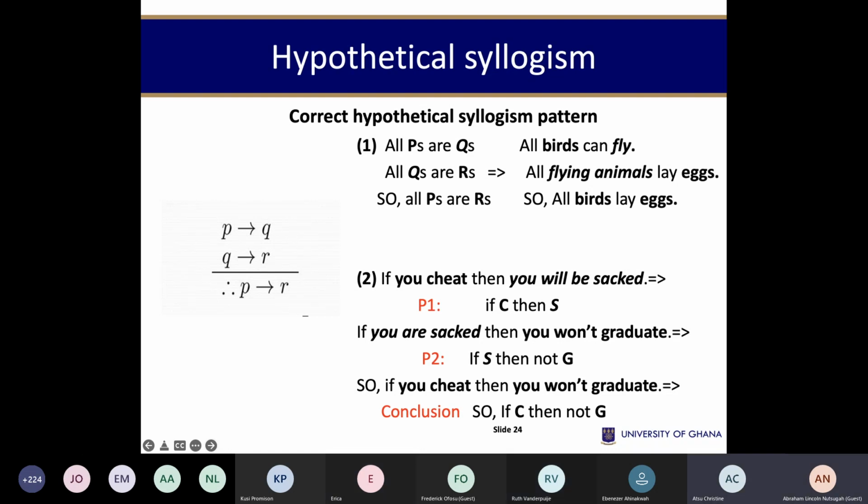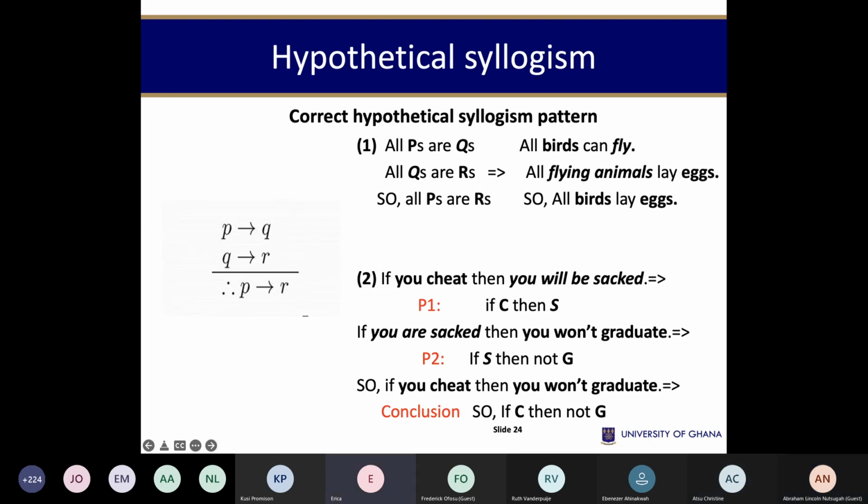Yes. So we said arguments are made up of what? Premises and conclusion. A premise is the reason you give to support a conclusion. If you look at what you see on your screen here, you are looking at the formula for hypothetical syllogism.